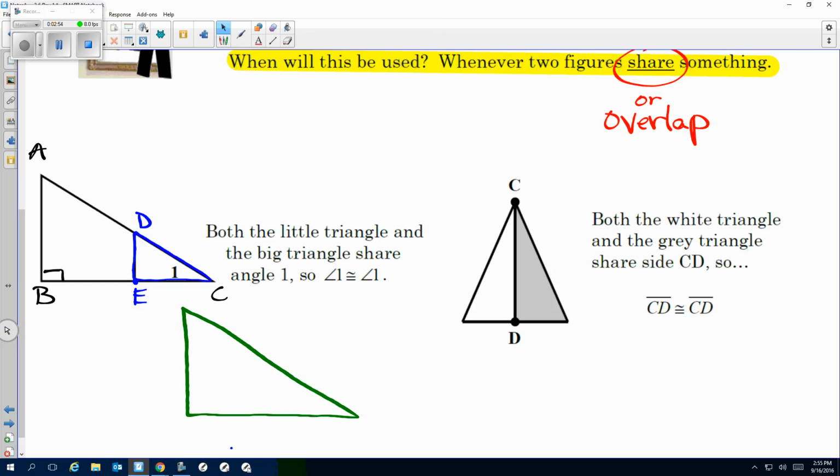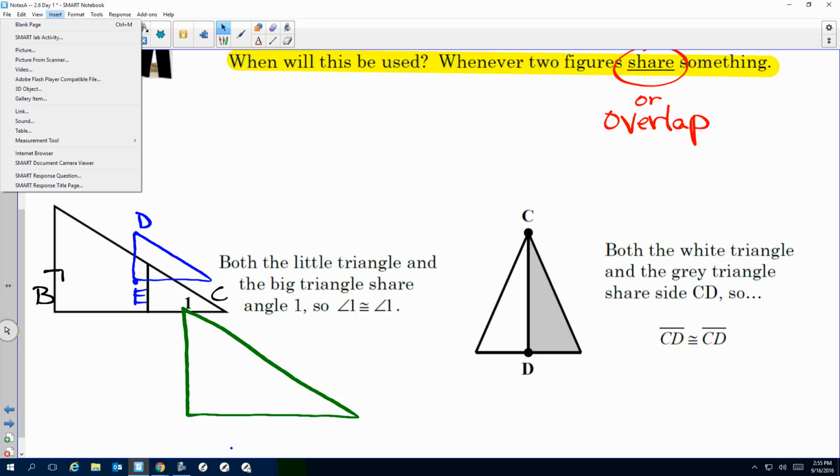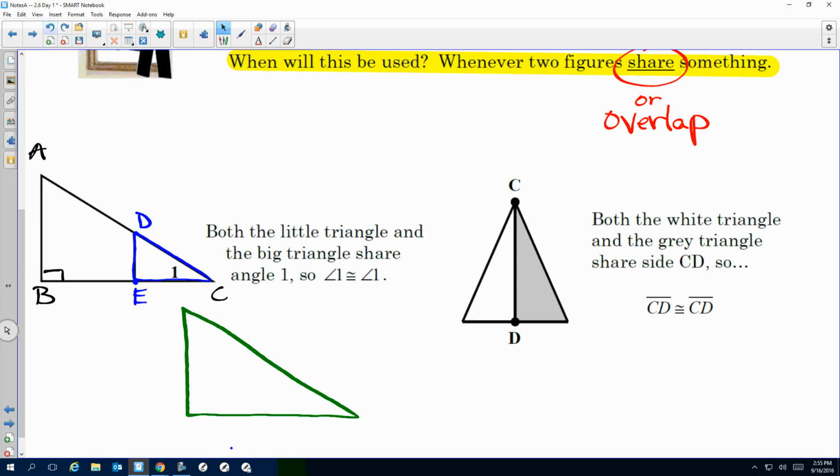If I was talking about corresponding vertices, I wanted you to see that my vertex E corresponds with my vertex B. Everyone agree with that?